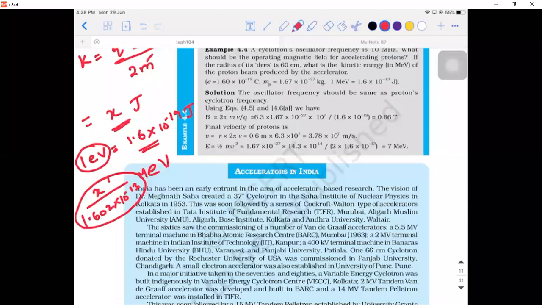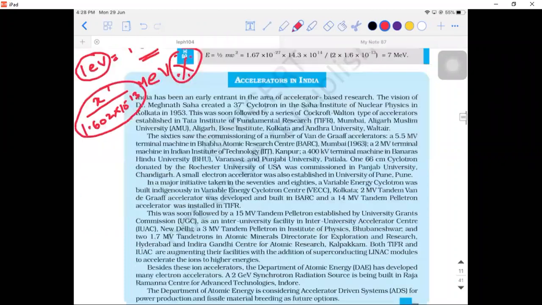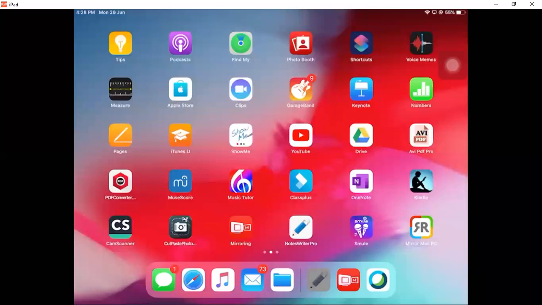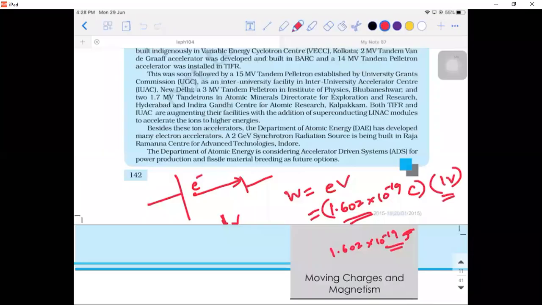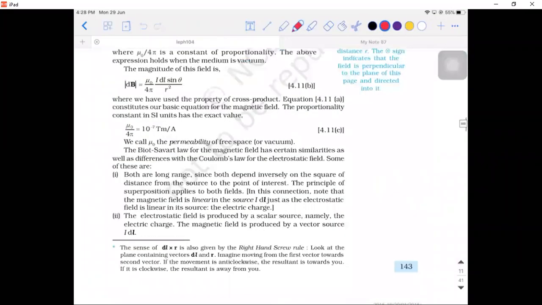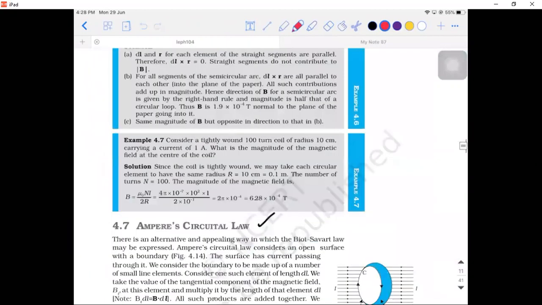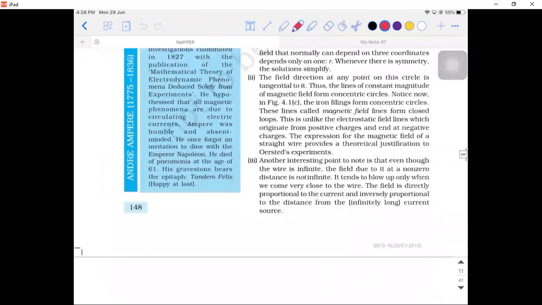I hope it is clear. So with this, cyclotron is over. We have completed every topic except one point, that is a moving charge and its magnetism.